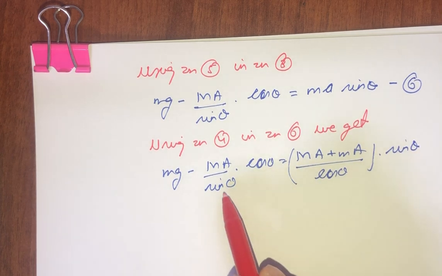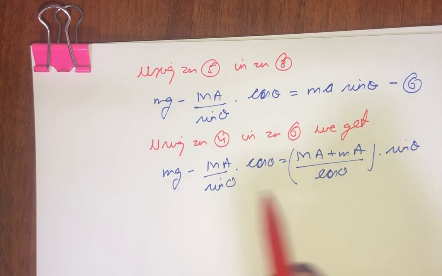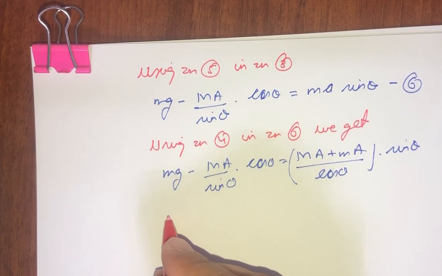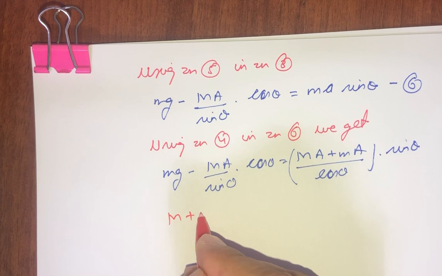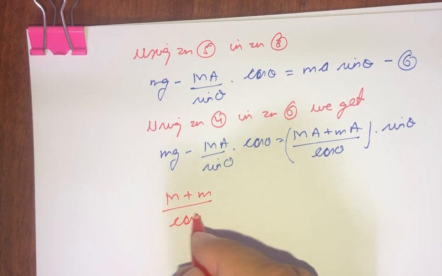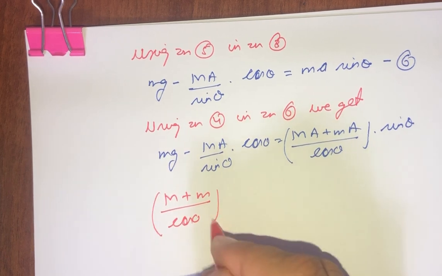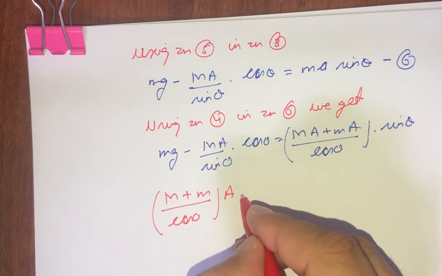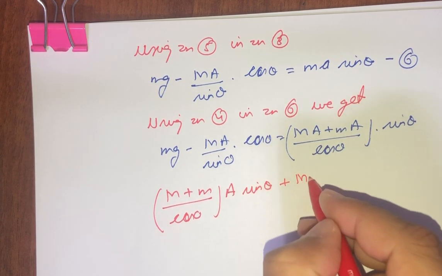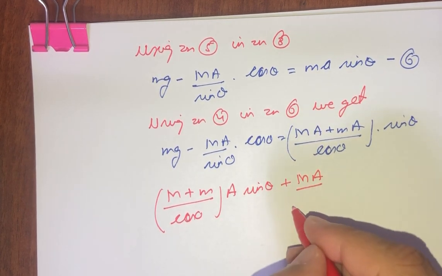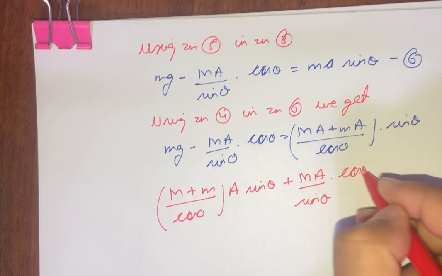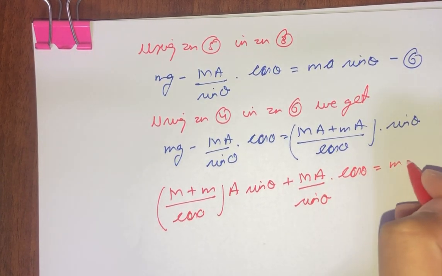Now we are going to move this a to one side, so we are left with capital M plus small m divided by cos of theta. We have a as common, and this is sine of theta plus ma divided by sine of theta into cos of theta is equal to mg.